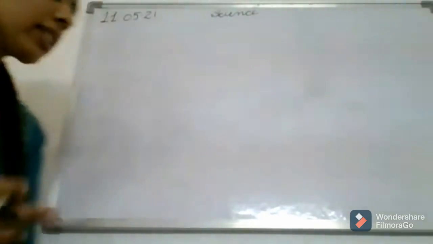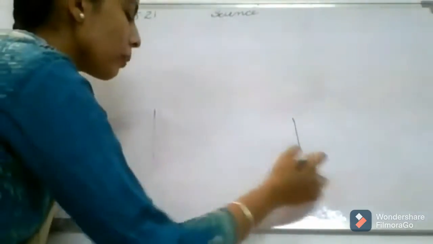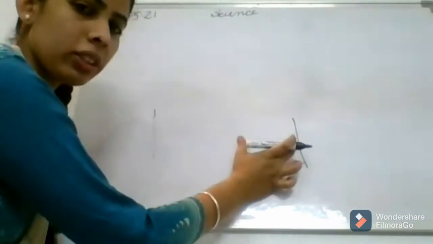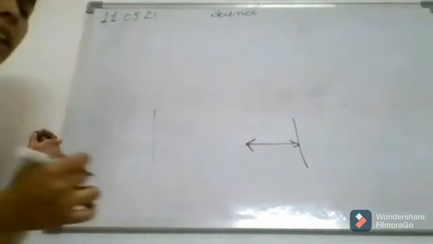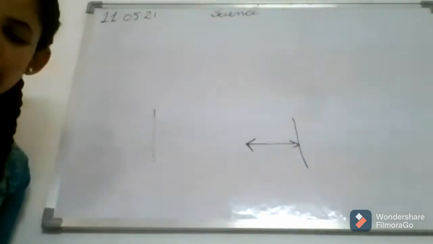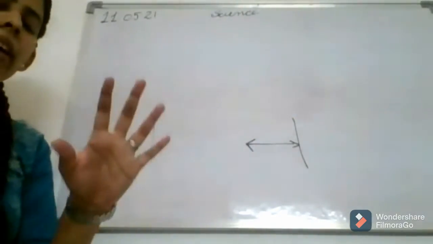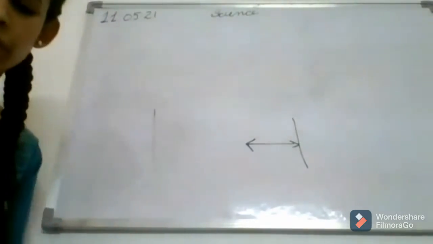Next, if a small length is left, for example, from this to this, I will measure this length with the help of a thread, that is, the string length. And we have measured length by hand span and also foot length.